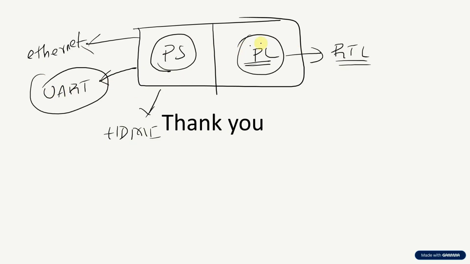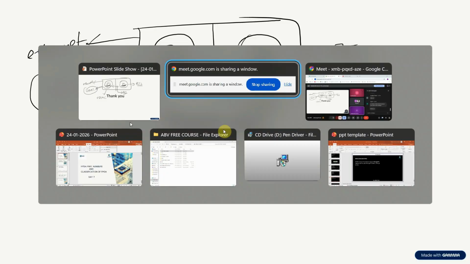Who is going to give it to you? The processor is going to take this data, and using the AXI interconnect, it is going to push that data to our PL. And after computing the data we have received, if we want to give it back to the processor, we are going to use this AXI interconnect. Is it clear?